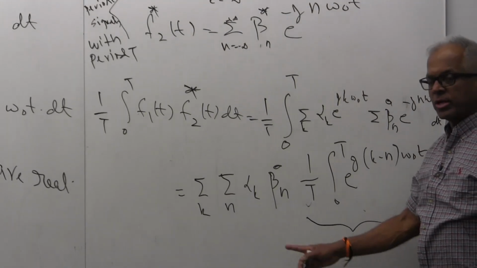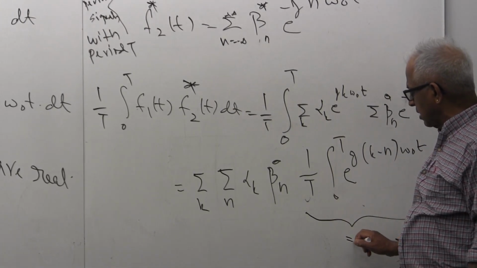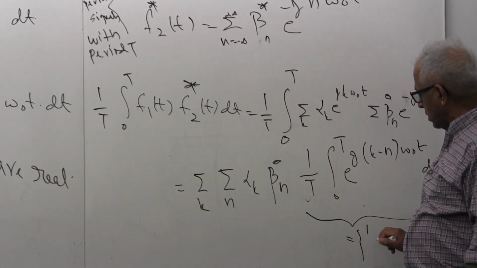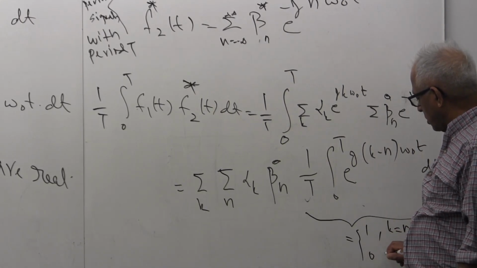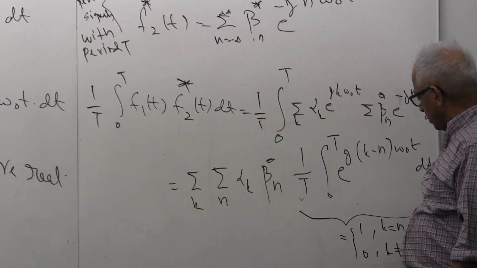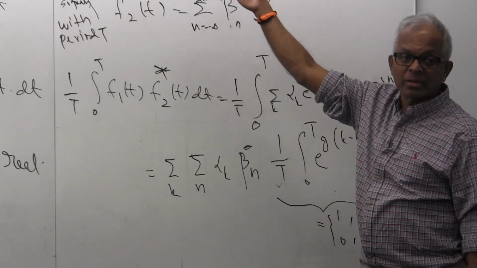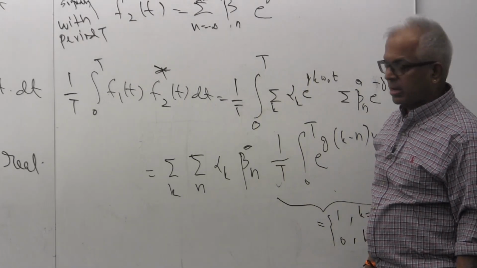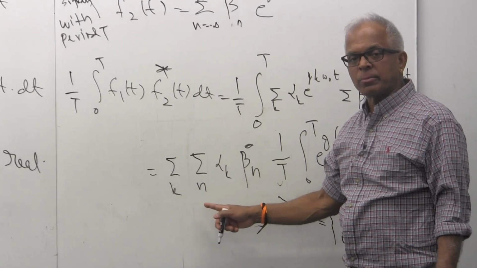That's good. So look here, what will happen to this term? What she said is right. This is 1 if k is equal to n, 0 if k is not equal to n. Now if you are wondering why this is true, you should go back and look at what we did a little earlier. So then what will happen here? This double summation will collapse to what?